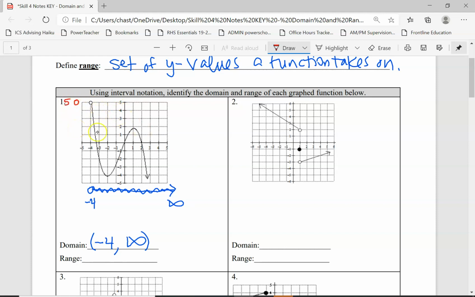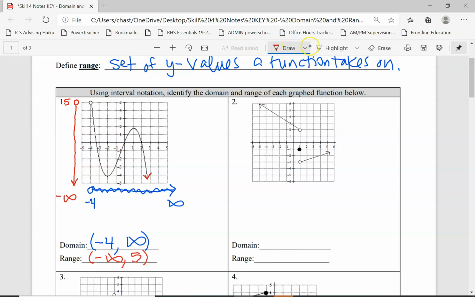And again, the graph is continuous and we have this arrow meaning it will forever go downward, so the graph will have a range that goes from -infinity up to 5. Now remember that 5 is not an actual point in the function, so we put a parenthesis there. Okay, and those are our interval notations to describe the domain and range for this function.